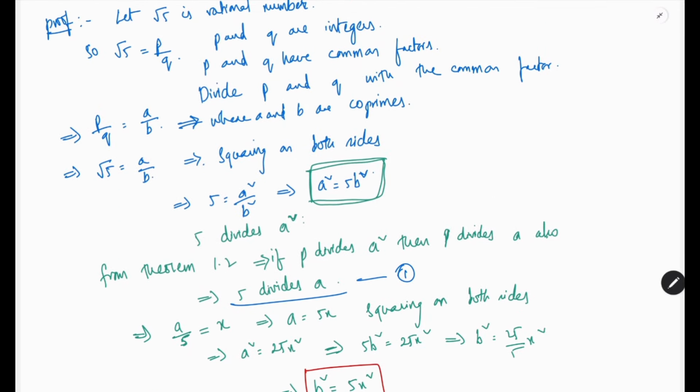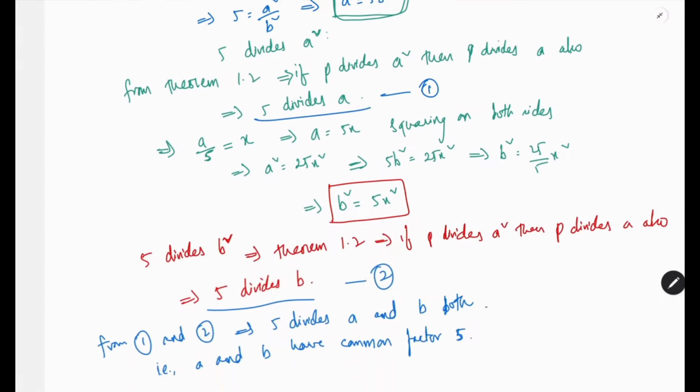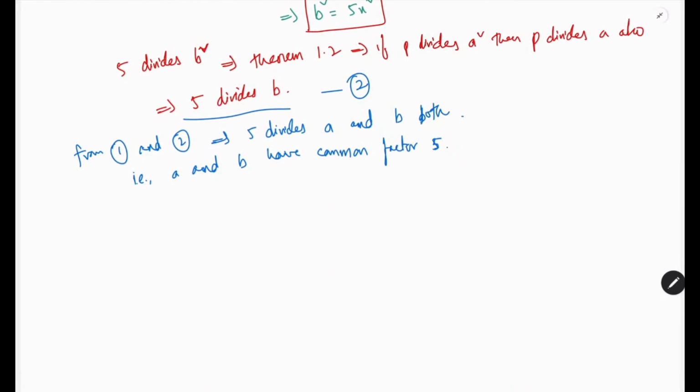But here we have seen that a and b are co-primes. This contradicts the statement that a and b are co-primes.